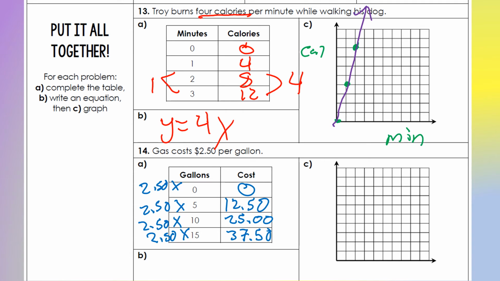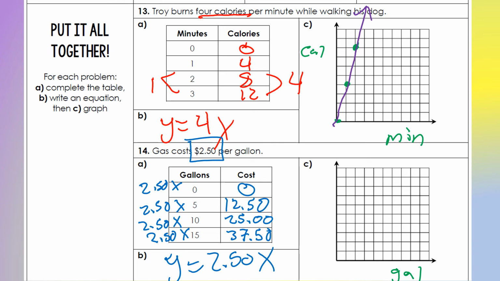All right, what's happening here? They told us what the slope or the constant was. It's 2.50, so y equals 2.50x. And I could graph this. Okay, let's count gallons on the bottom.